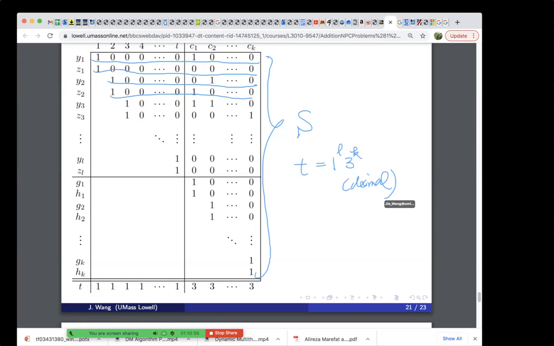Okay, so now what we want to do is to show that if this formula is satisfiable, then I can select a subset S prime so that when you add those numbers, it's equal to T. Why? Because if each clause is true, now remember we have K clauses and we have L variables, and these L variables all appear in one of the clauses, right?